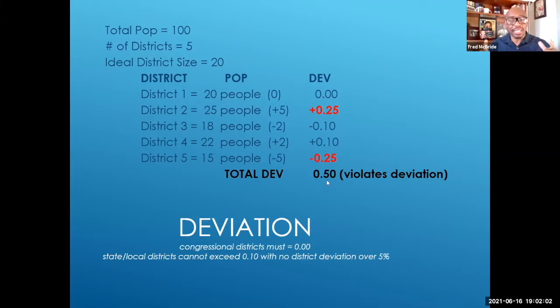Remember what I said, for everything other than congressional plans, the deviation cannot be greater than 5%, which means if your most populated district is 5% and your least populated district is 5%, and that's the maximum, your plan cannot be over 10%. This one is 50%.